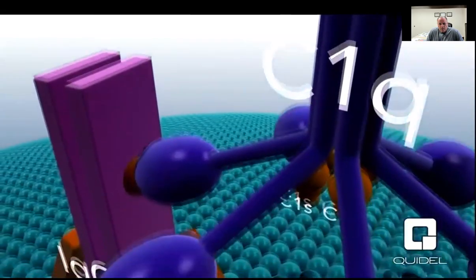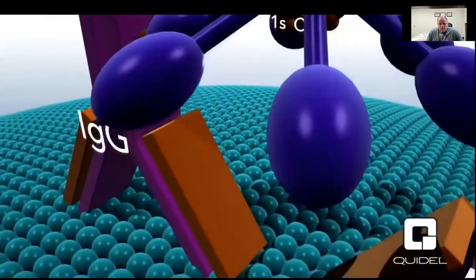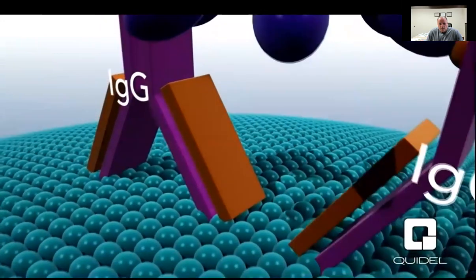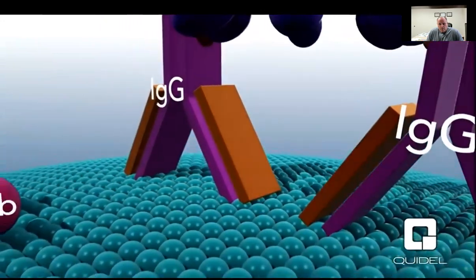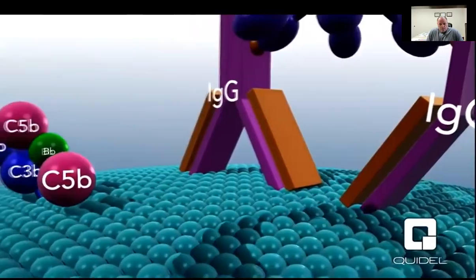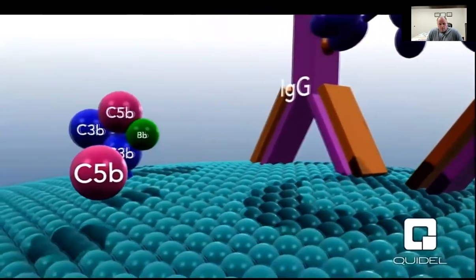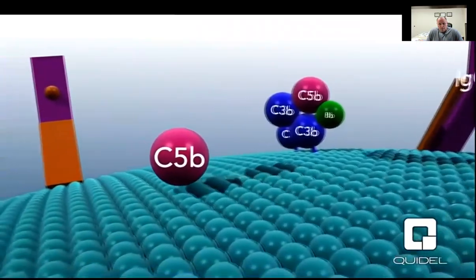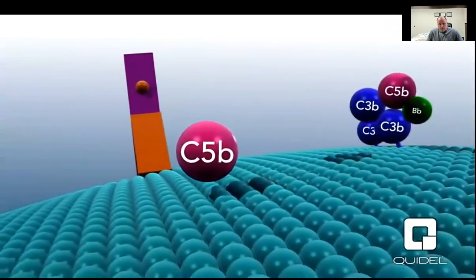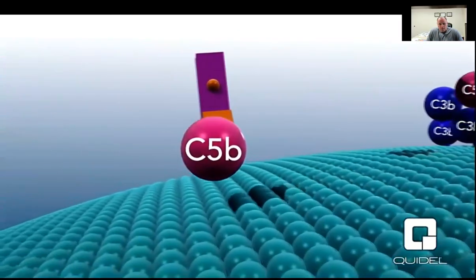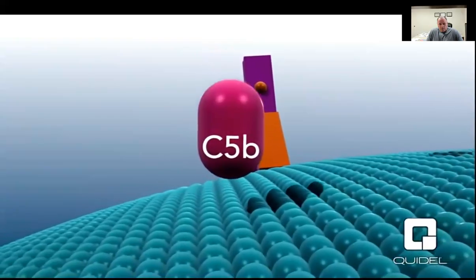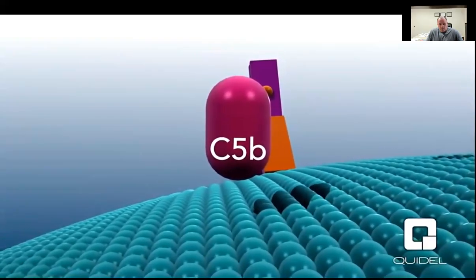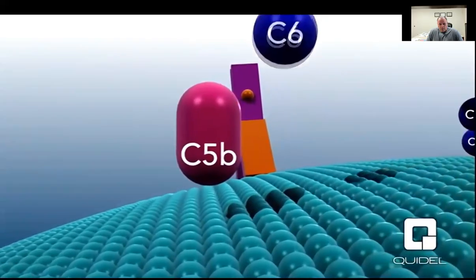Activation of the alternative pathway results in the formation of a membrane attack complex, leading to the lysis of the invading pathogen. Lysis of cells by the complement system is mediated by a large macromolecular structure called the membrane attack complex, or MAC. The MAC is formed through the terminal complement pathway, which starts with the generation of C5b.